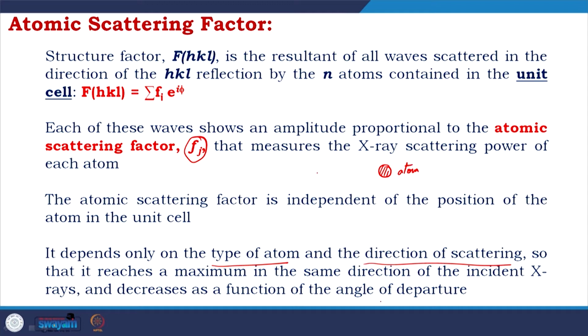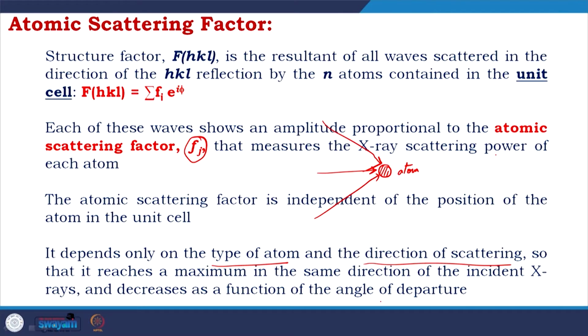The rays could be coming from different angles, and depending on that the scattering happens. When you see the spots, you will remember that there are spots which are very bright and spots which are very light. That is because of this.